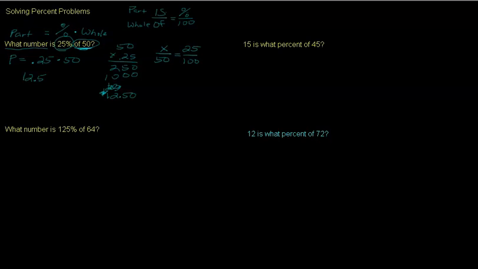And then it's always over 100 on this side. So we do 50 times 25 divided by 100. It ends up being 1250 equals 100x divided by 100. And you're going to get the same answer, 12.5.